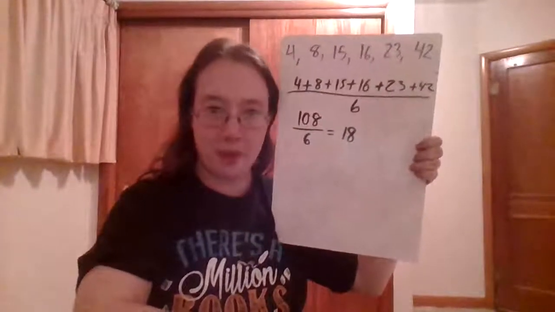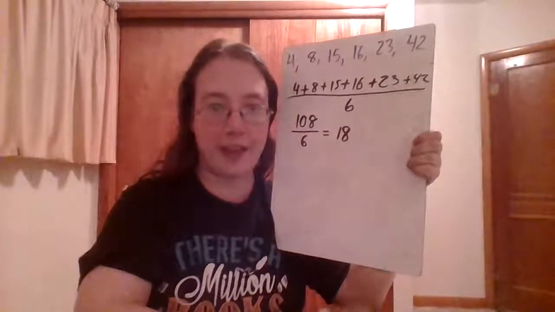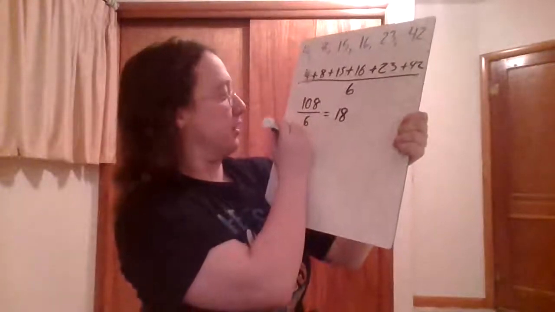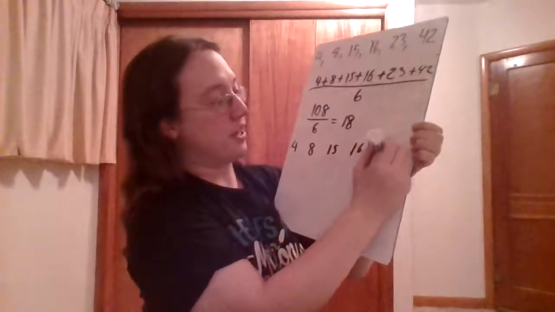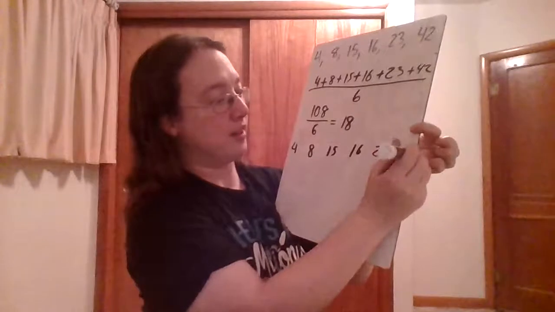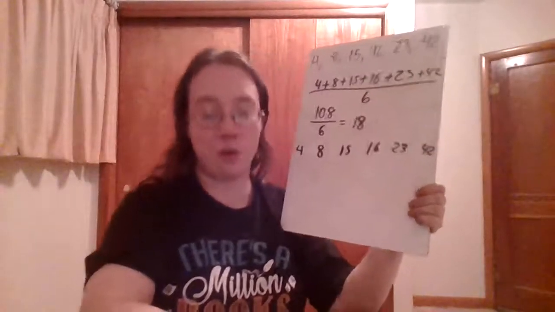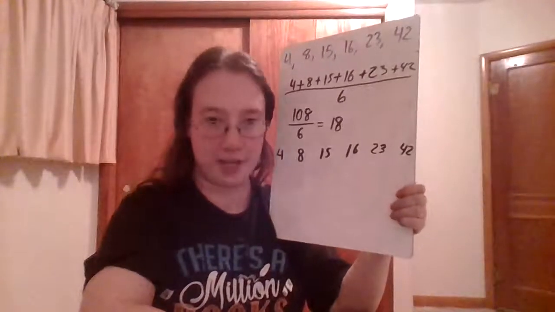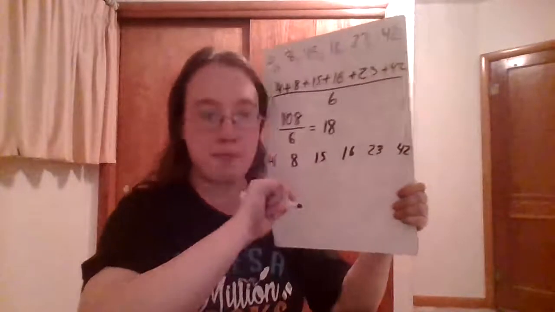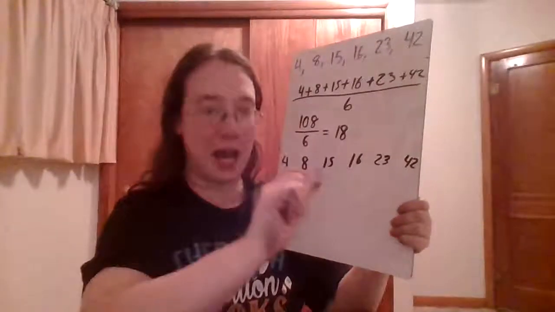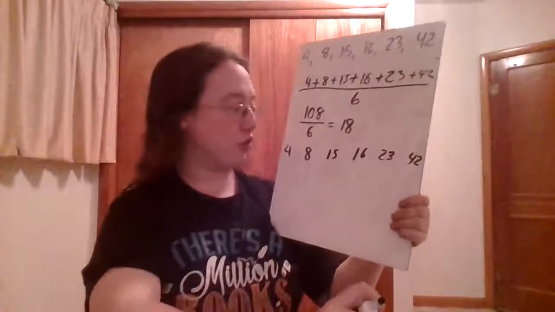Now what we're going to do with that is we're going to find the distance between each of those numbers and our mean. So I'm going to say 4 and 8 and 15 and 16 and 23 and 42. And I'm either going to subtract 18 or I'm going to subtract those numbers from 18. Now, the reason it doesn't matter which one of those you do is we said this was the mean absolute deviation. The absolute part of that means we want the absolute value of whichever way we're subtracting this.